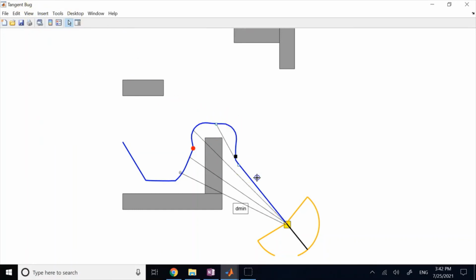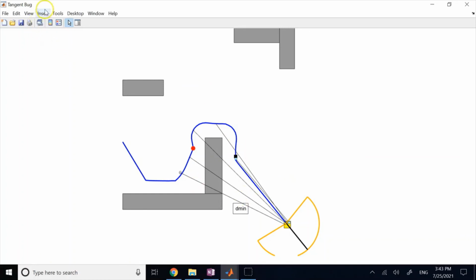And these distances, all of them are bigger than this dmin until you get to this point. When you get to this point, this last d is going to be less than dmin.